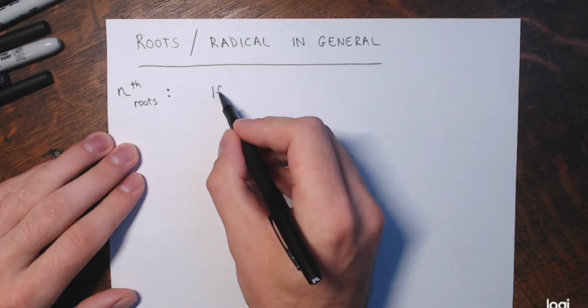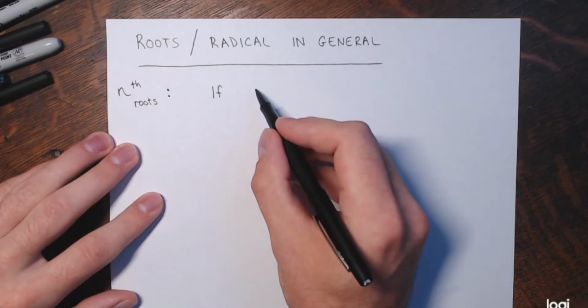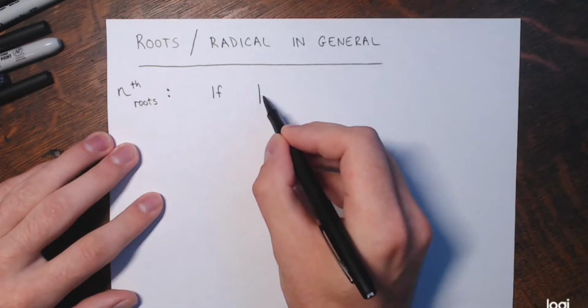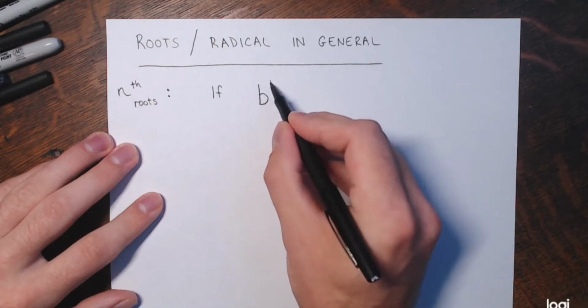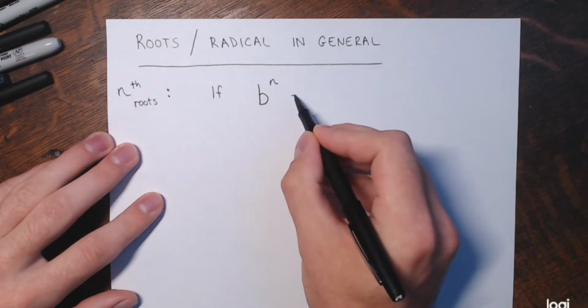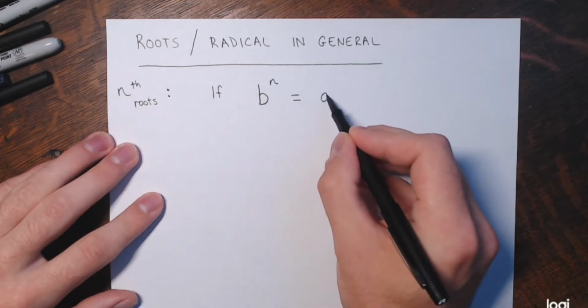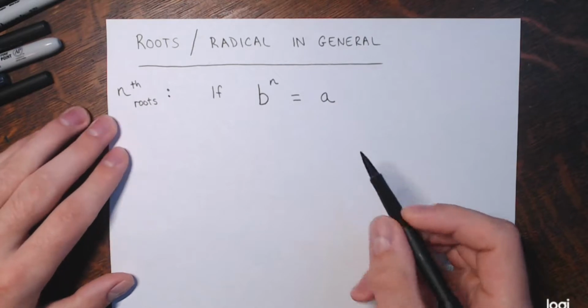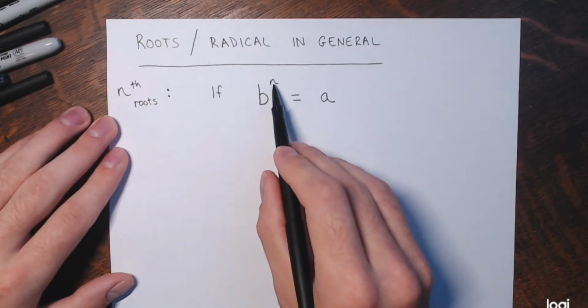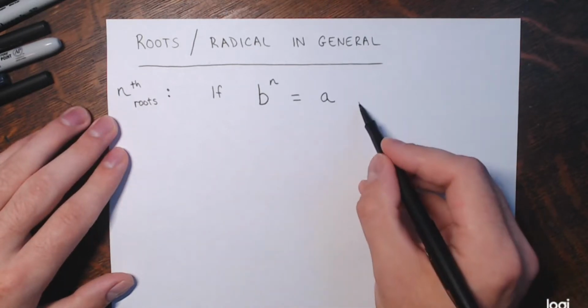Again, say I'll use different letters this time. If b to the nth power is equal to a, then we'd say the following.